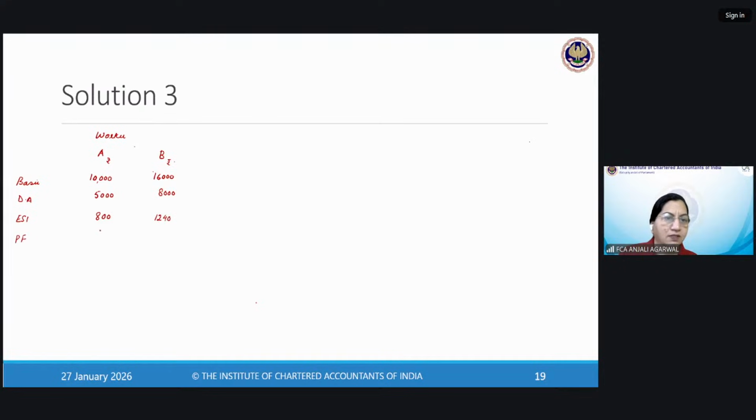PF, 2%, 16,000 into 8%, 1280. Total cost to the employer, 16,000 and 24 and 1,600, 25,600. Apart from this, overtime, 1,500.